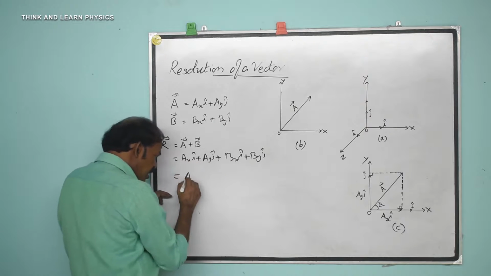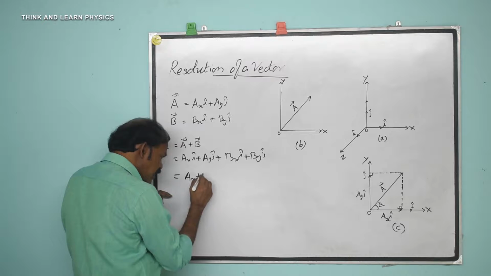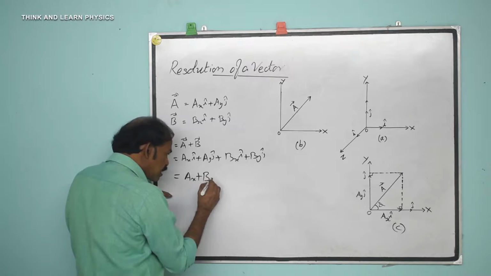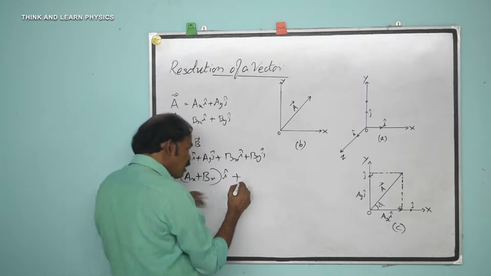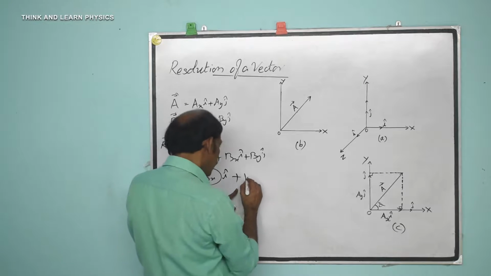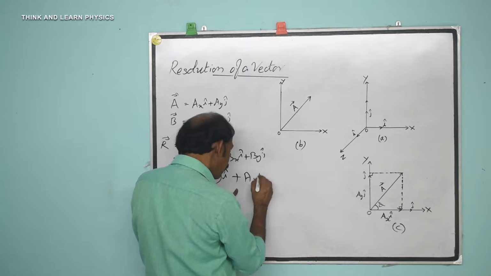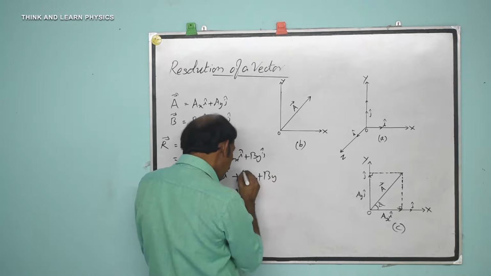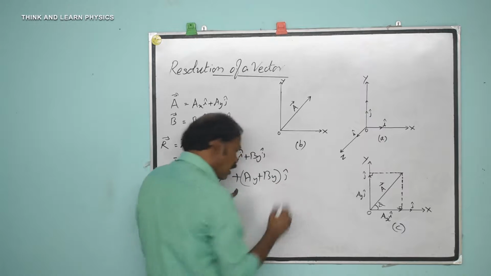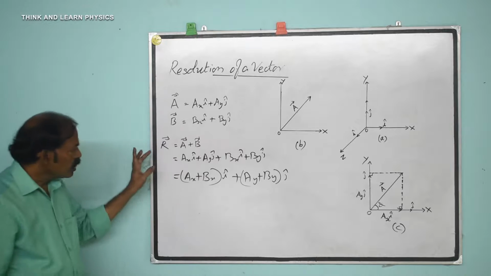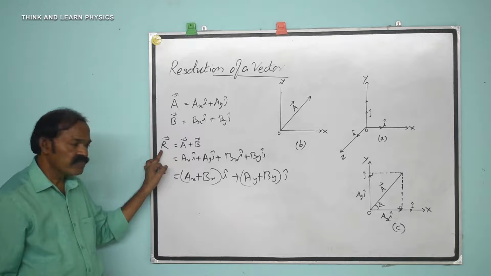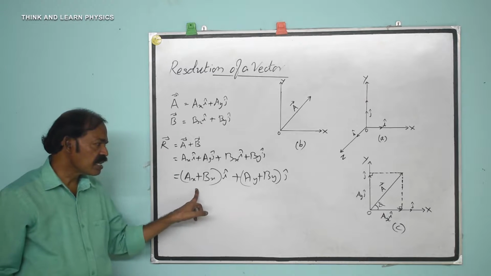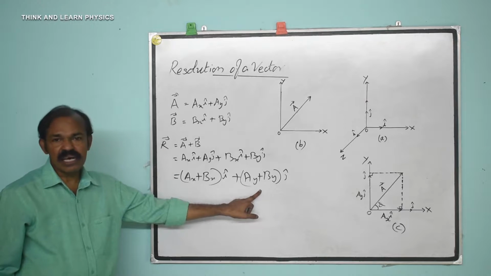This is equal to, we can add the x components, that means this is equal to Ax plus Bx into I cap plus Ay plus By into j cap. Thus, the resultant vector of A vector and B vector is expressed in terms of its rectangular components.